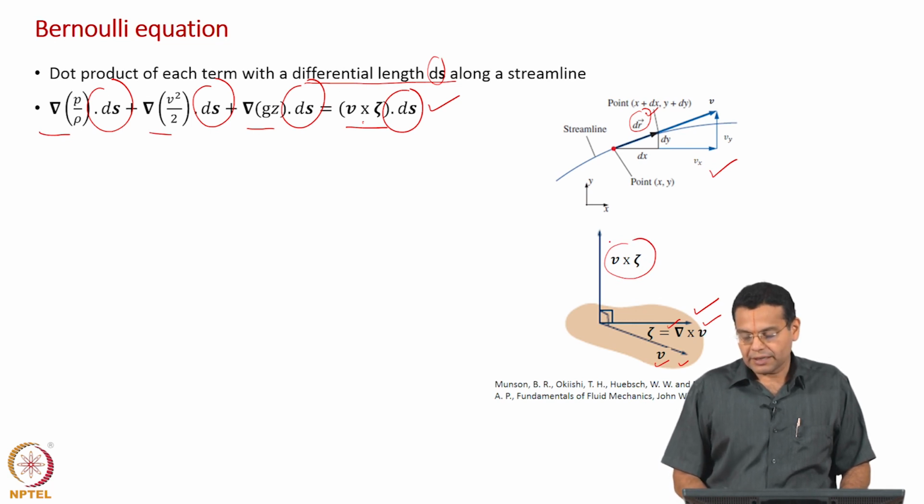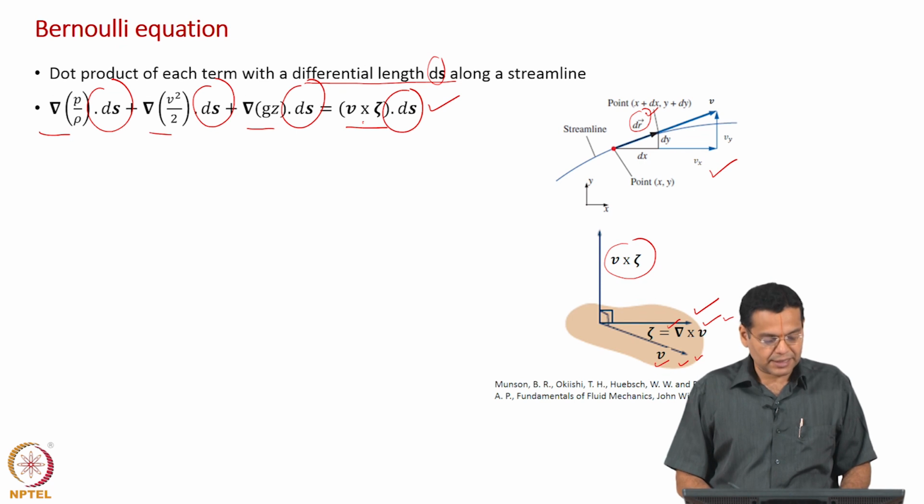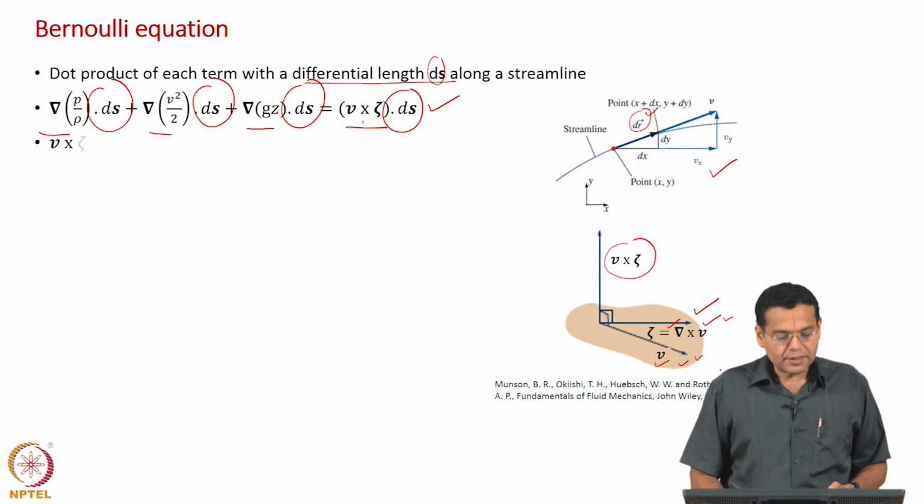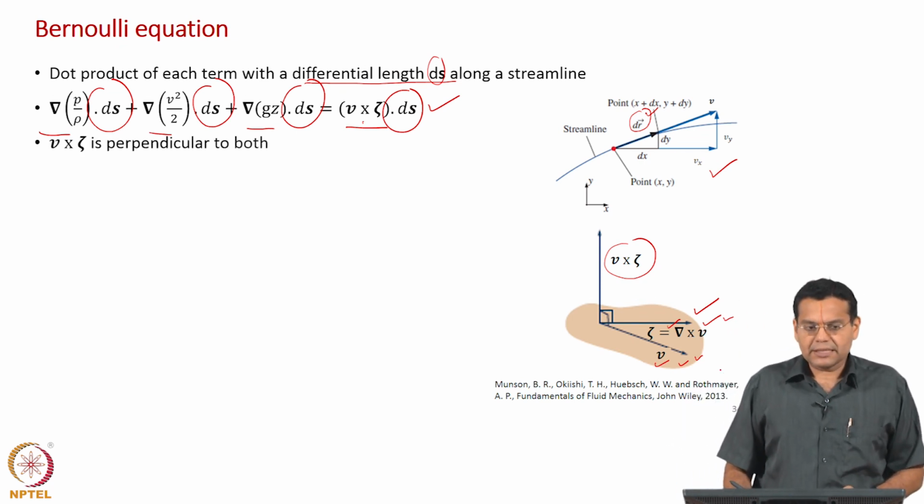We know that when we take the cross product of two vectors, the resulting vector is perpendicular to both the vectors. So, in this case, V cross the vorticity vector, that resulting vector is perpendicular to both the V vector and the vorticity vector. Let us write down that V cross vorticity is perpendicular to both V and vorticity.